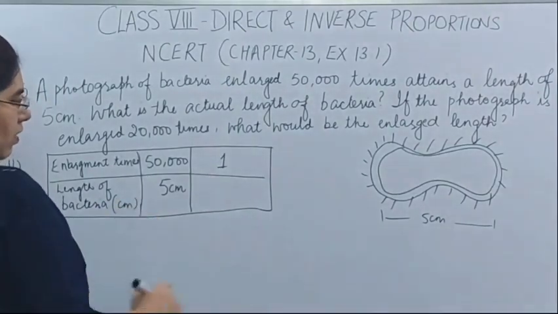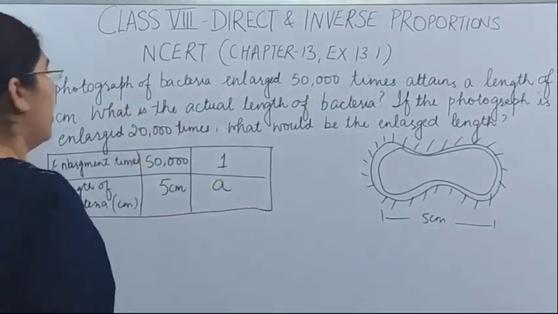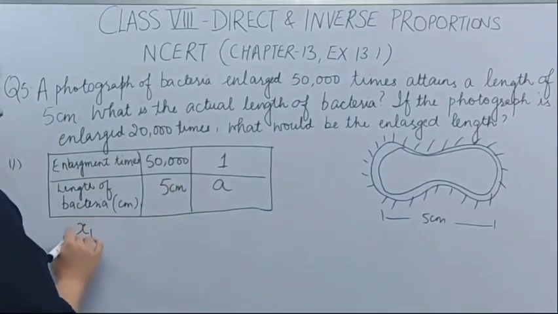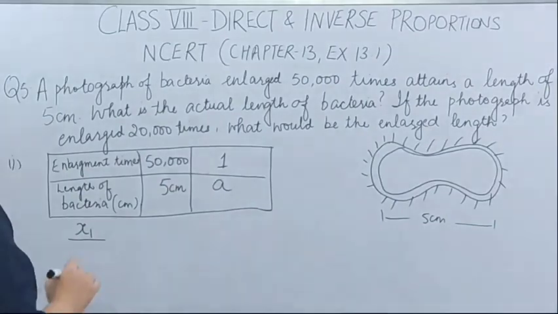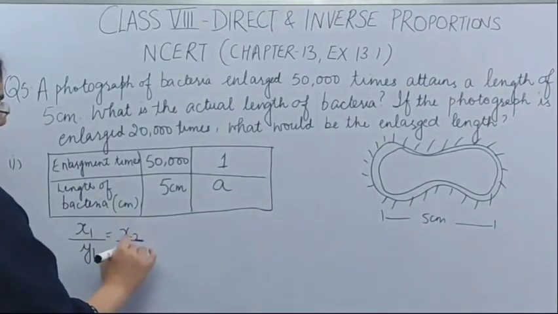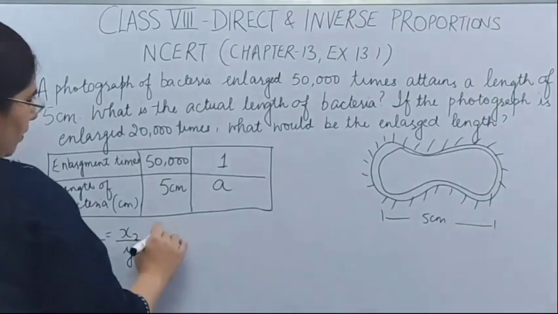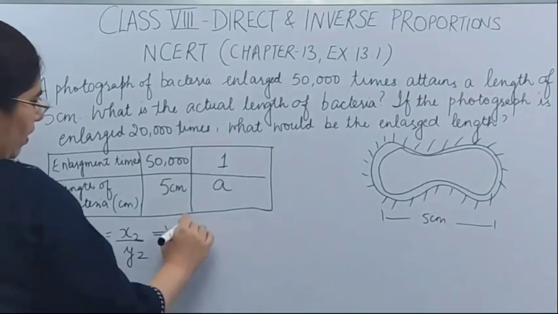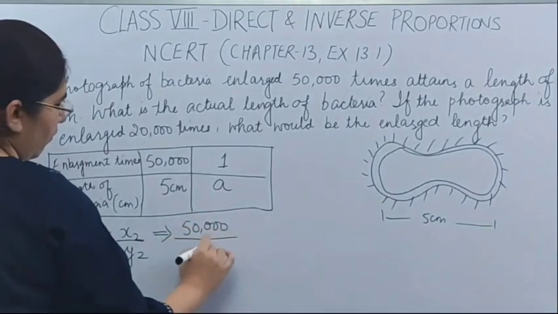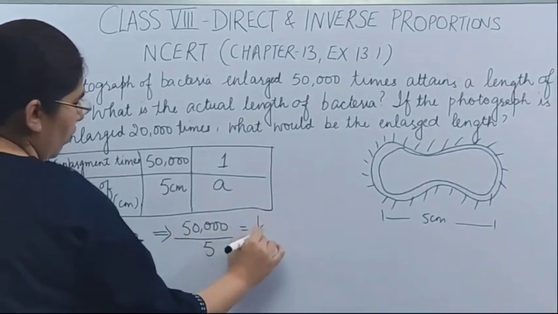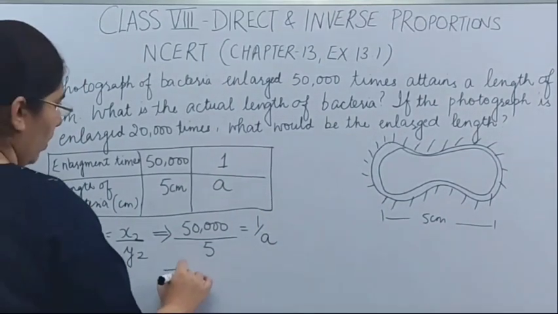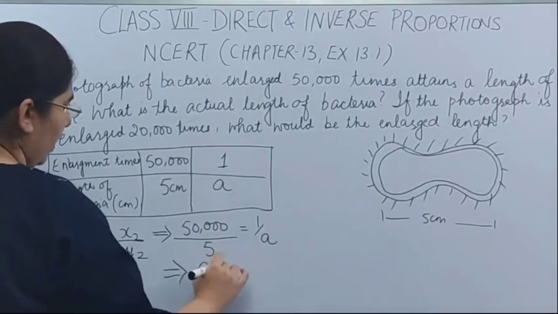We have ascertained that since it is a case of direct proportion, x1 by y1 equals x2 by y2. This implies, just by substituting, we say 50,000 divided by 5 equals 1 upon A. So, what is the value of A?